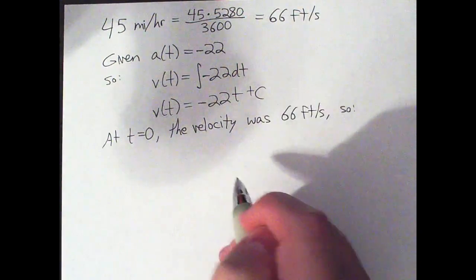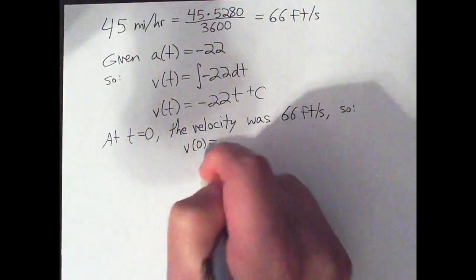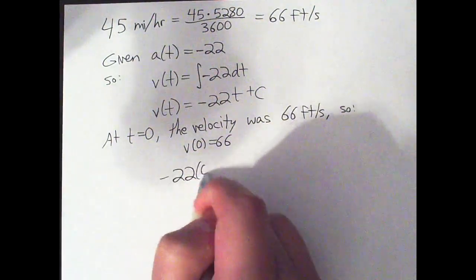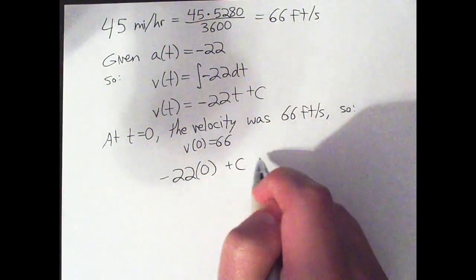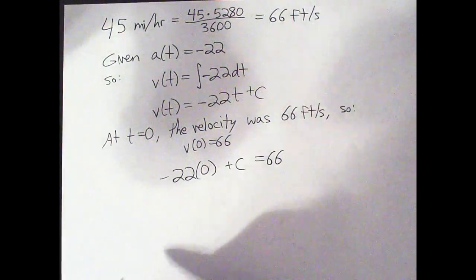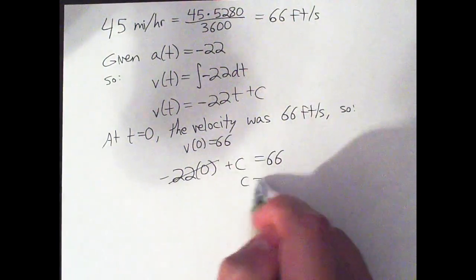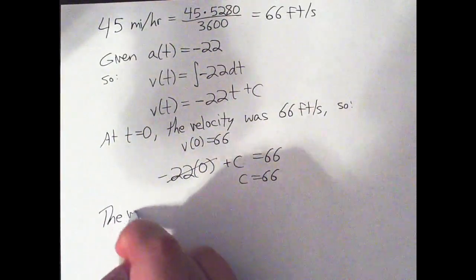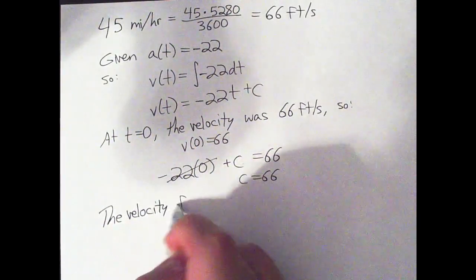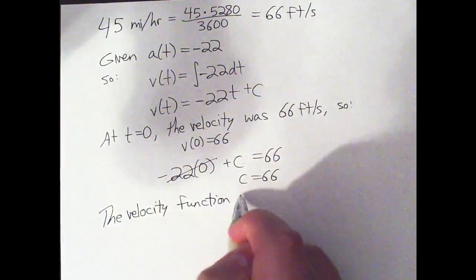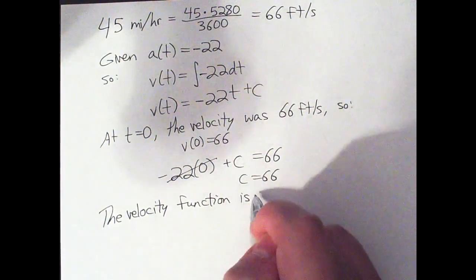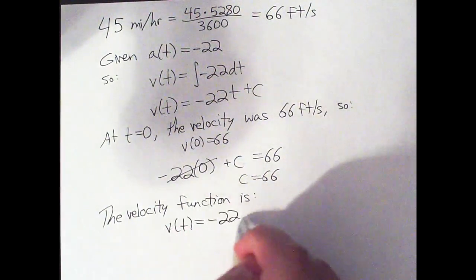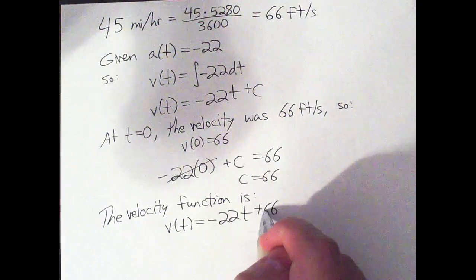So we're given v of 0 equals 66, and I'm going to put that into negative 22 times 0 plus c equals 66. This cancels, and I wind up with c equals 66. The velocity function is v of t equals negative 22t plus 66.